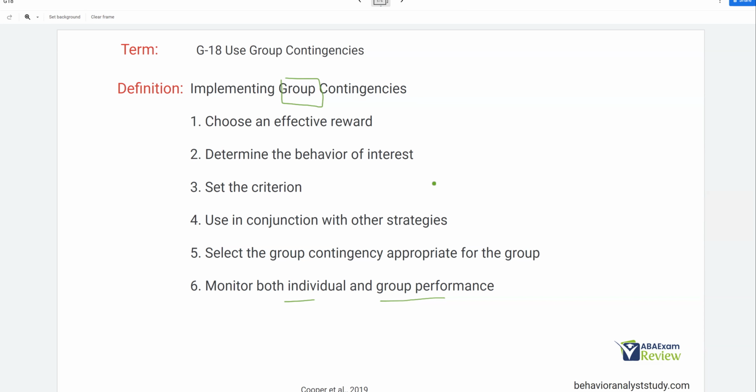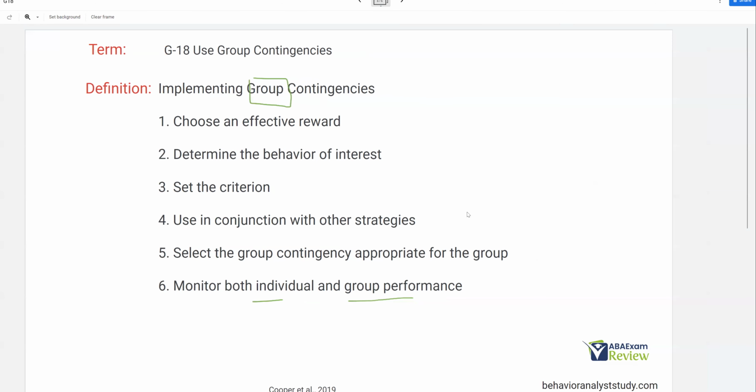So group contingencies can be challenging if you don't have resources, if you don't have time, but they can also assist if you don't have resources, if you don't have time. Bottom line is, like every other intervention we've gone over, like every other strategy, it's all dependent on your needs, your goals, and the resources available to you at that time.